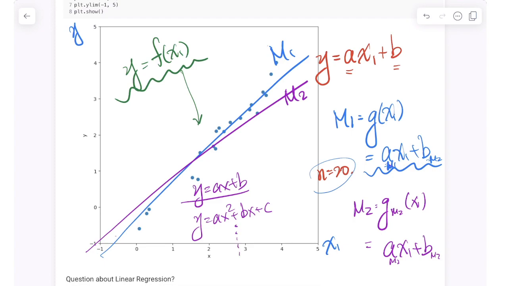But in machine learning or data mining, there is no good way to help you identify which model can describe your data better. You have to decide which model you want to use by yourself. There's no magic way to find the perfect form of the model.